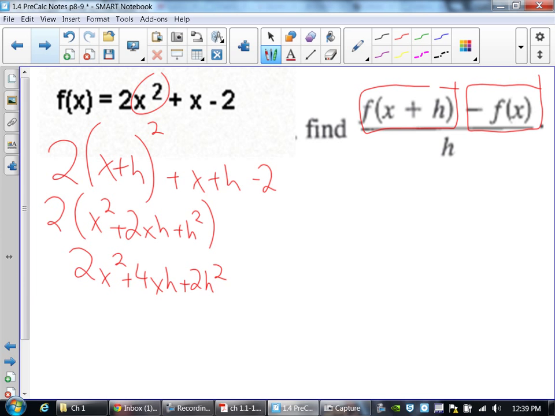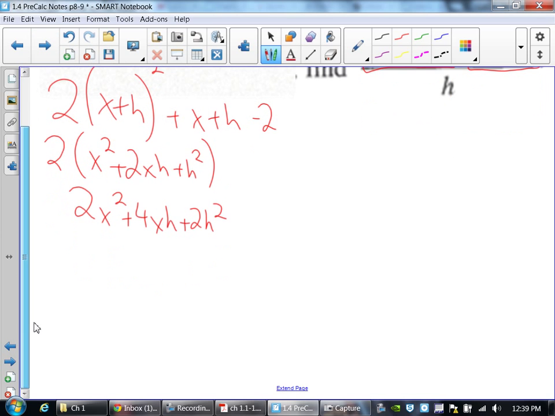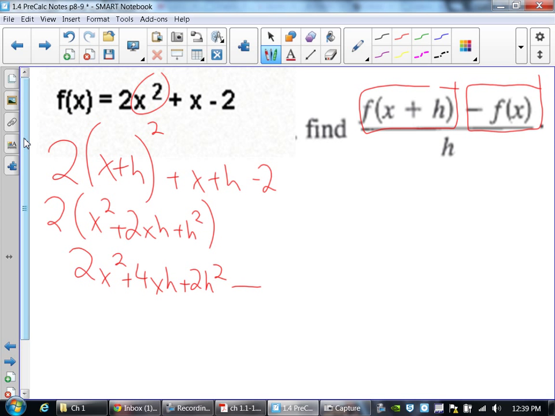If you want to go this route, or if you want to go back and just do it all at the same time, it's not a big deal. Remember, I have to subtract all of these. I have to subtract 2x squared, subtract the x, and then add 2.